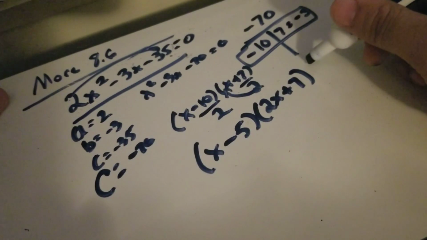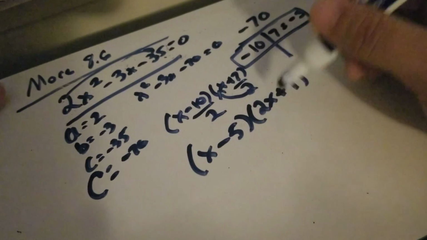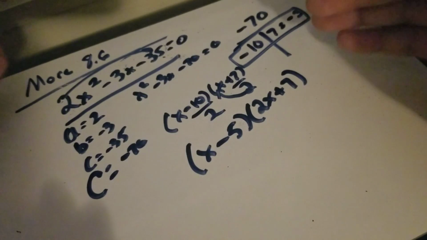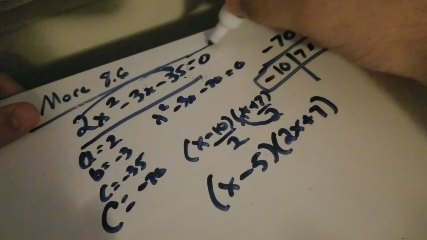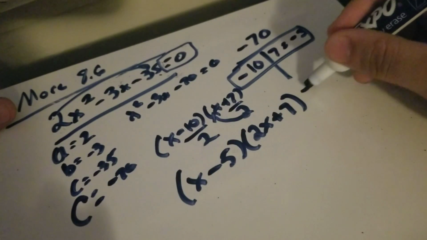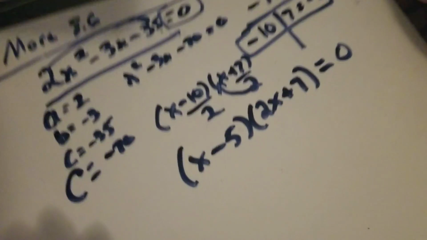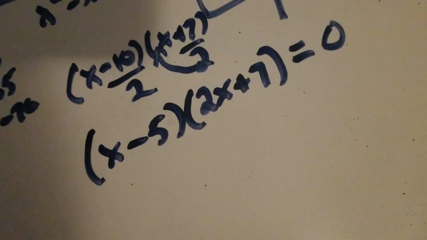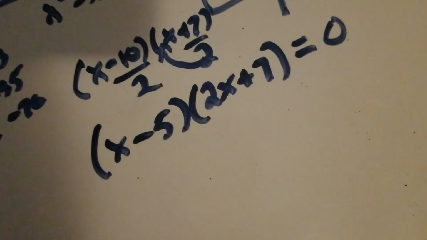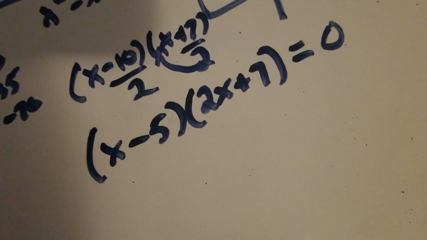Now, in a normal question, you would be done. But this is where the equals 0 pops up. So this equals 0. Now this question right here, x minus 5 and 2x plus 7 equaling 0, does that look familiar from any section we've done before?